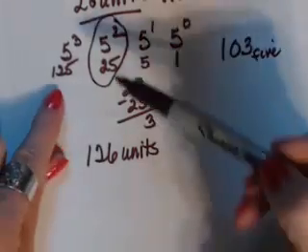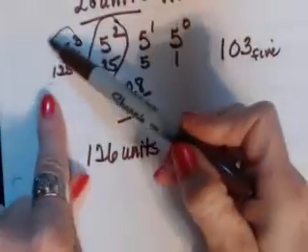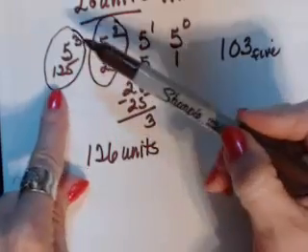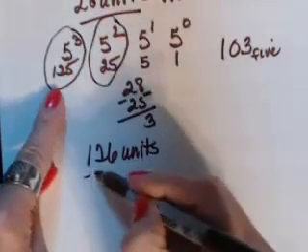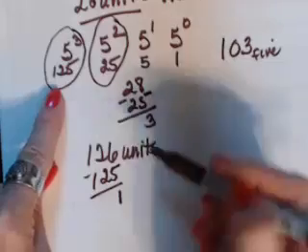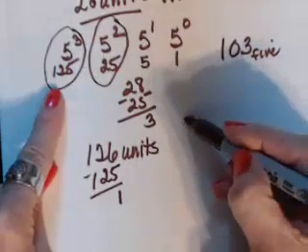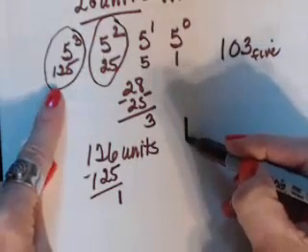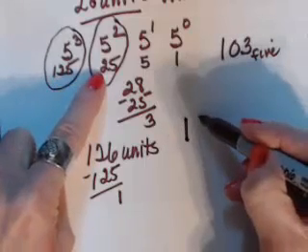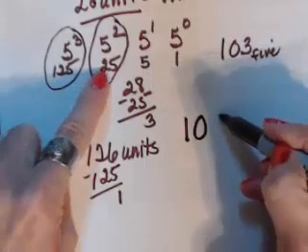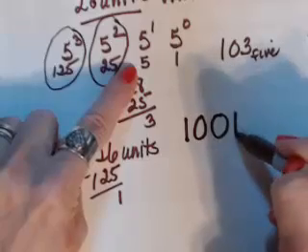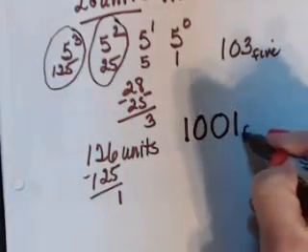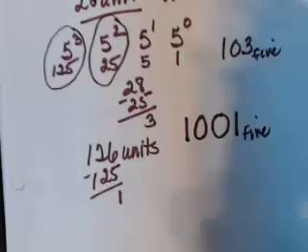Okay, the greatest of the place value groups that I can take out is 125. So that means that I have 1 long flat, no flats, no longs, and 1 unit left over, base 5.